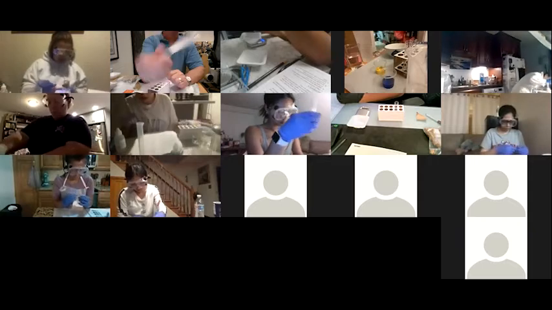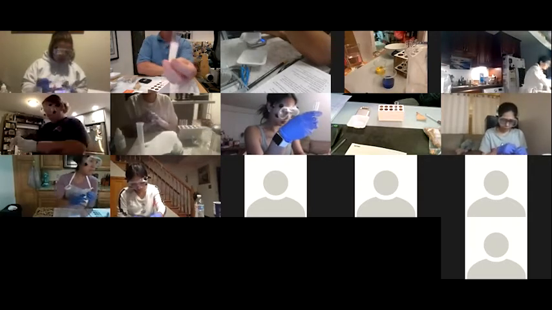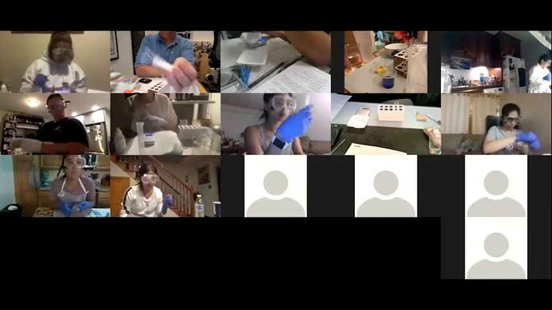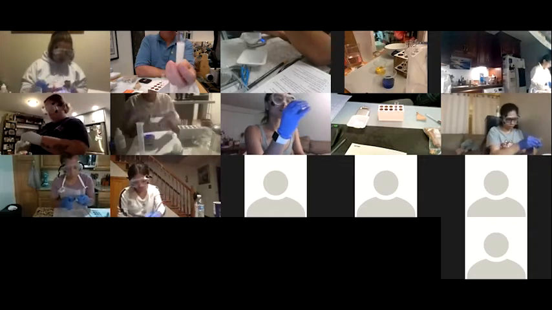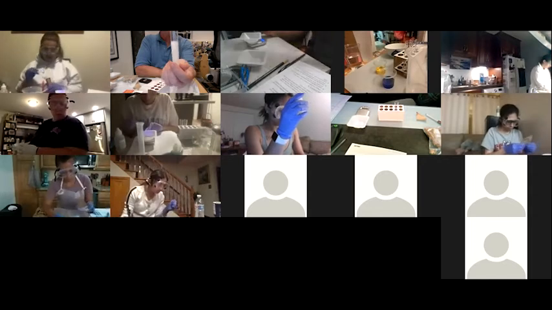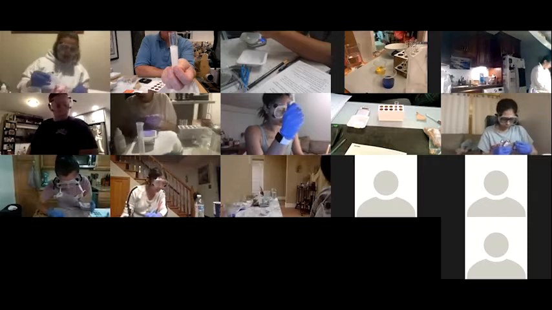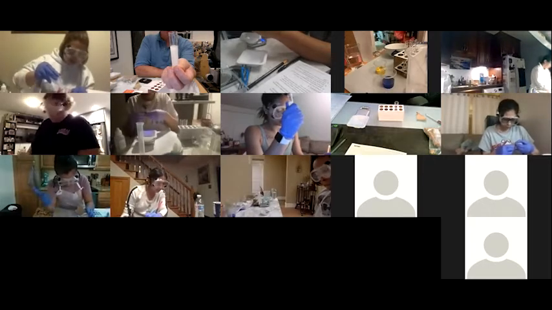Does anyone know what we would call this phase? It's not just a solid. We would give this a different name. Substrate? Substrate is just a chemical that you're doing a reaction with.